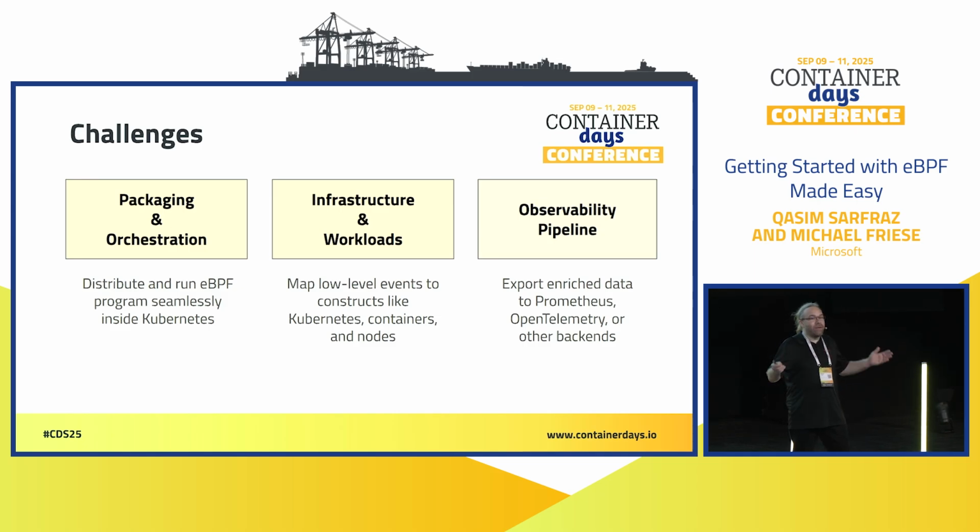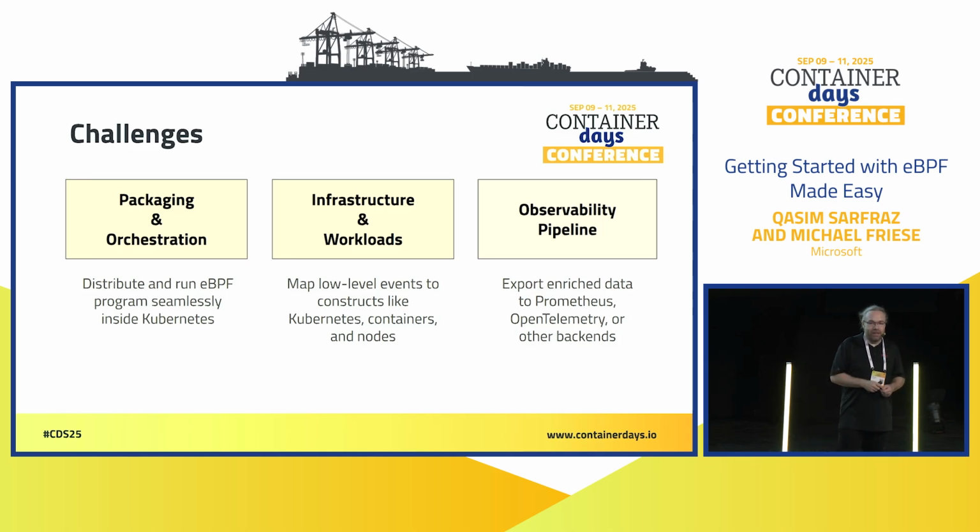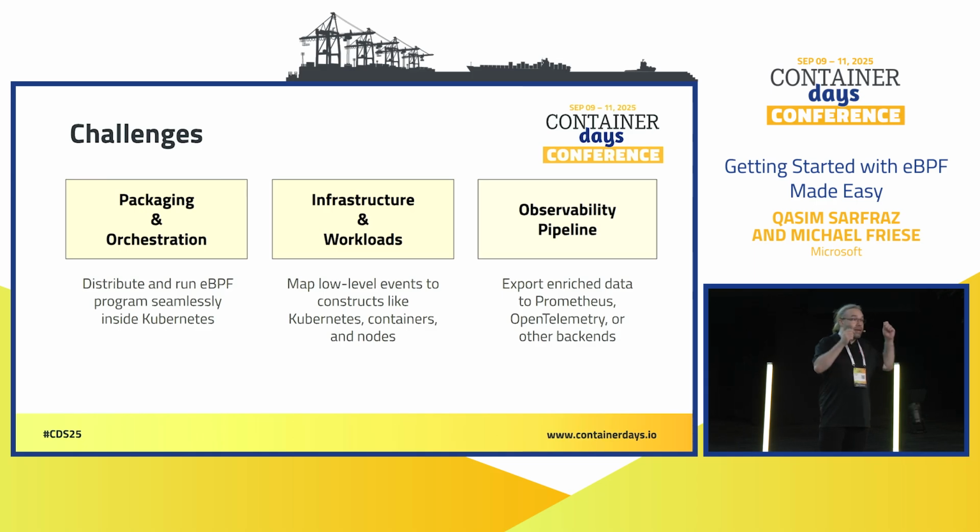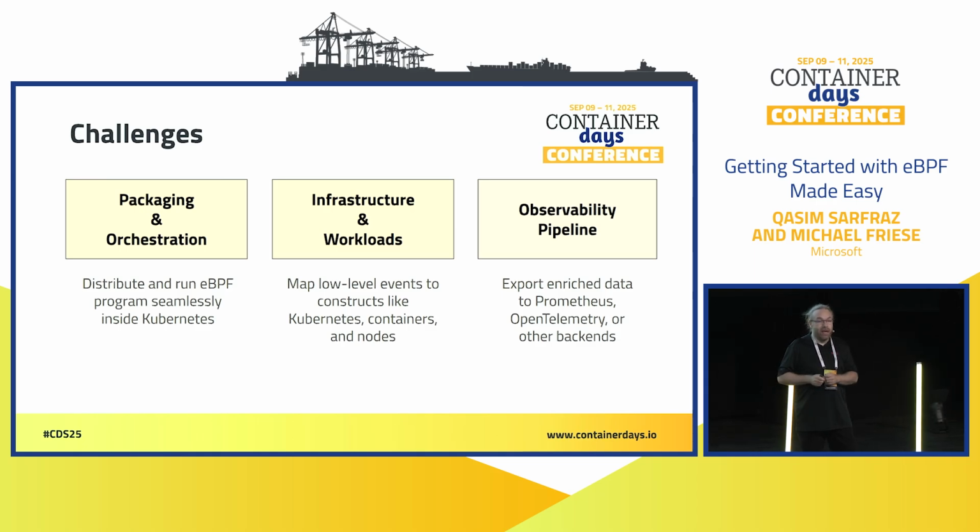And once you have that running, there's still the fact that it's the kernel's view of things, so it doesn't know about higher level abstractions like pods, namespaces, and such. So you still have to map what you're getting from eBPF to those things. And even if you get that right, you still have to aggregate the data and export it to your observability pipelines or make it fit into your environments in other ways.